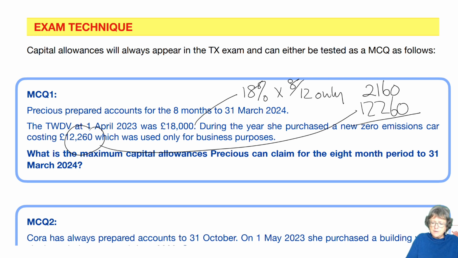So the maximum that she can claim is 14,420. And again, you might get an A, B, C, D, and you've got to choose which one you want to pick, or you'll get a box, and then you've got to write that figure in the box.